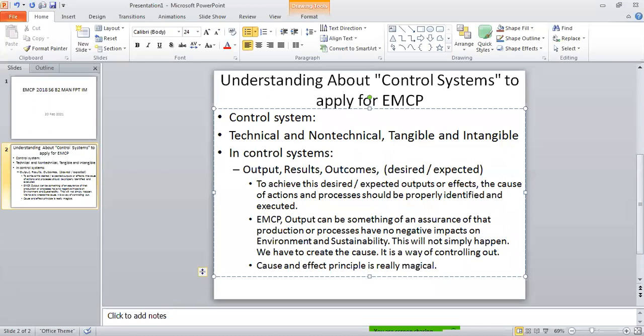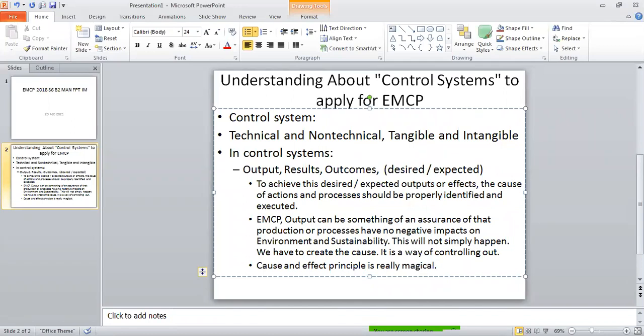So you have created a cause expecting something. But do you think putting a poster on a notice board or a banner will make it? Because that cause may not be effective. It may be part of that. That's why creating a cause is something that really needs some wisdom. You have to be a strategist to make it. So these are related to control systems.